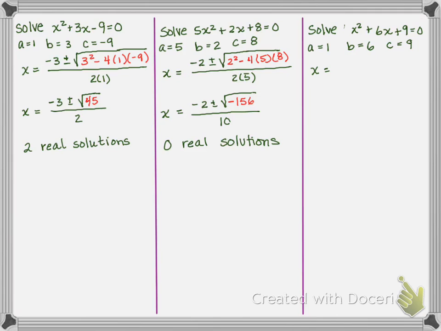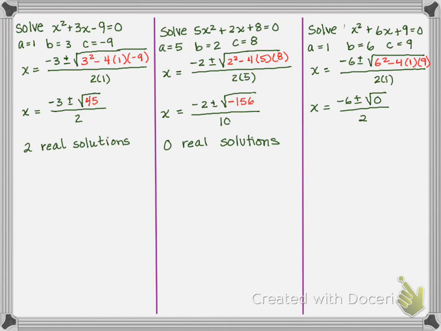So x equals negative 6 plus or minus the square root of 6 squared minus 4 times 1 times 9, all over 2 times 1. So x equals negative 6 plus or minus the square root of 0 over 2.